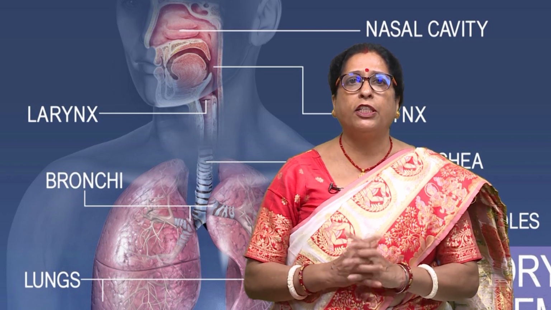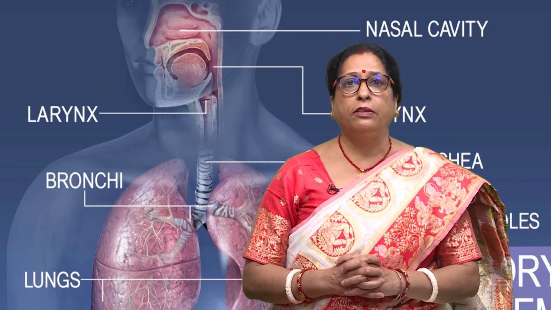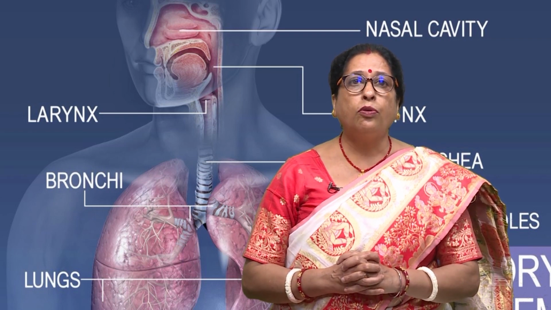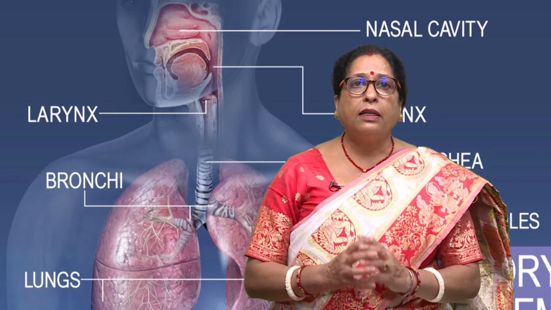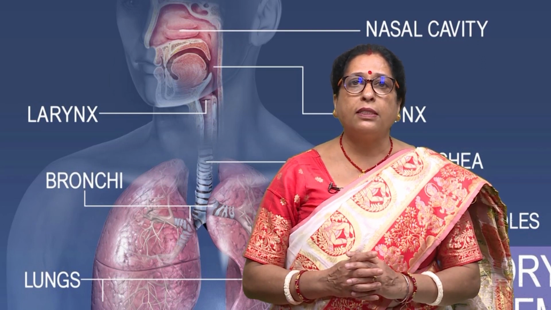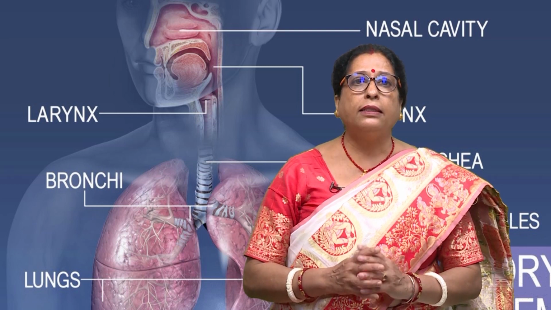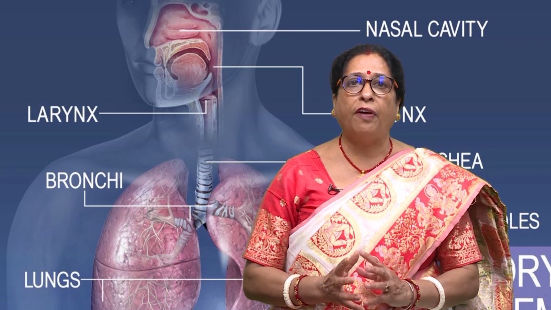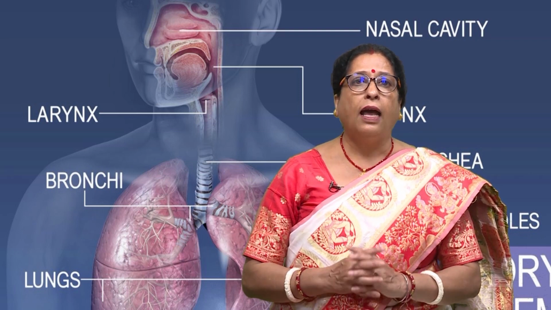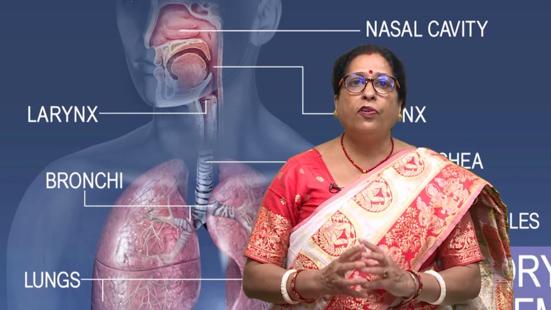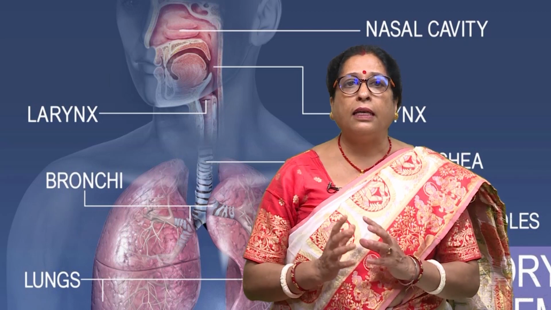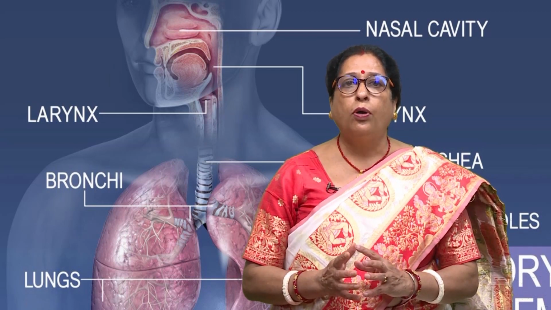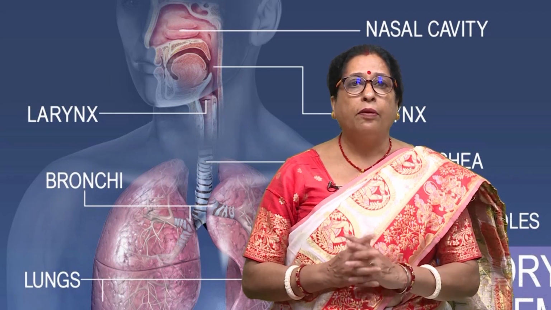Then the functions of the respiratory system: how does it function? Through pulmonary ventilation. Air comes in through our nose and mouth and then passes through the pharynx, larynx and trachea before entering the lungs. When we exhale, the air goes back out of our bodies the same way.